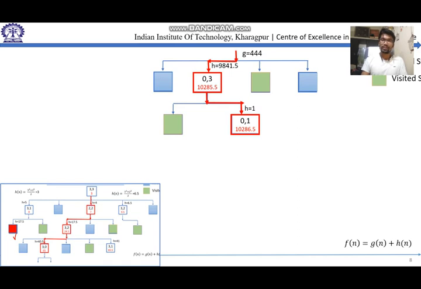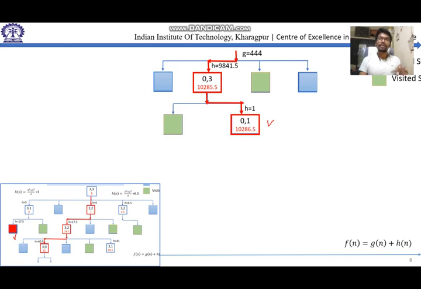Now as per this SMA star algorithm, if it utilizes the maximum memory, it will use the cull function. What this cull function does is, if you have already visited nodes and they have the maximum function value, it will cull those nodes, meaning it will eliminate those nodes. So this is from the first slide.